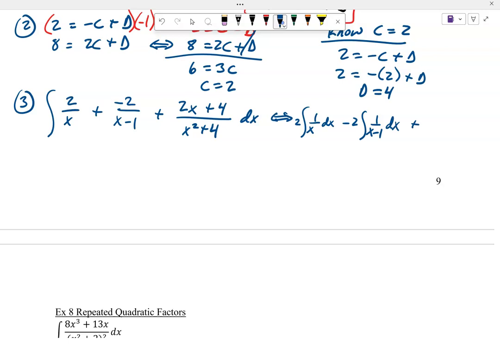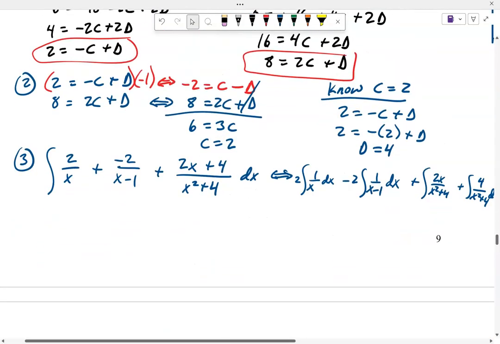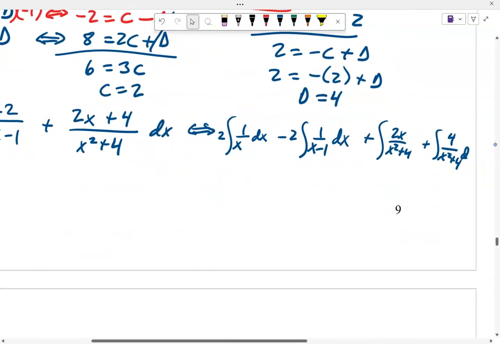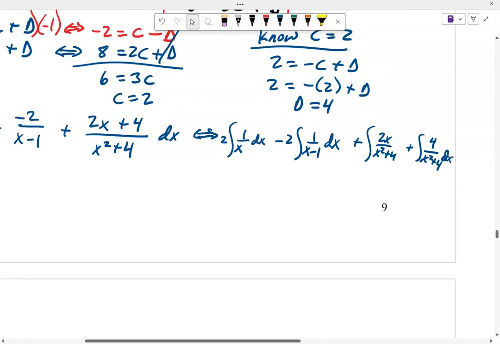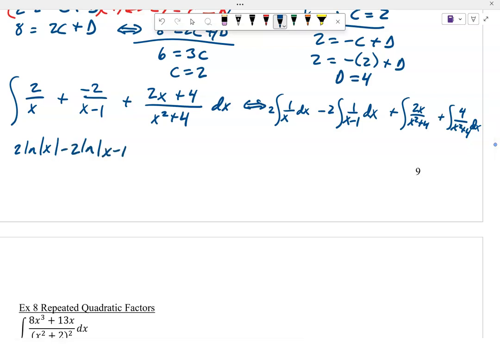But then let me write this as 2x over x squared plus 4, and then a separate 4 over x squared plus 4. That's how I'm going to have to do this. So this goes to 2 natural log x minus 2 natural log x minus 1.